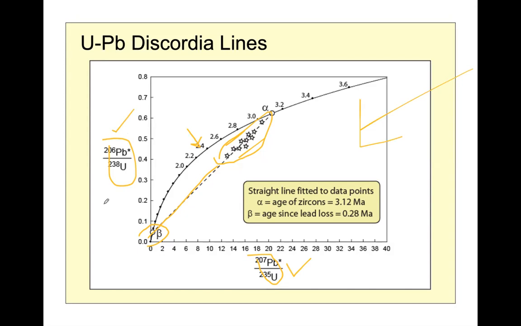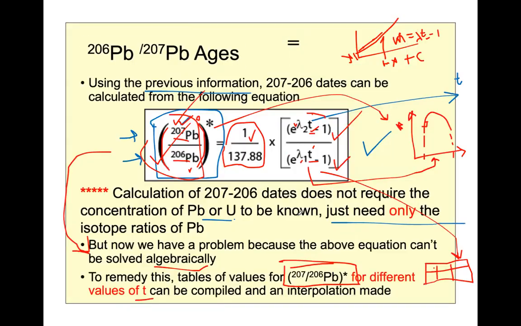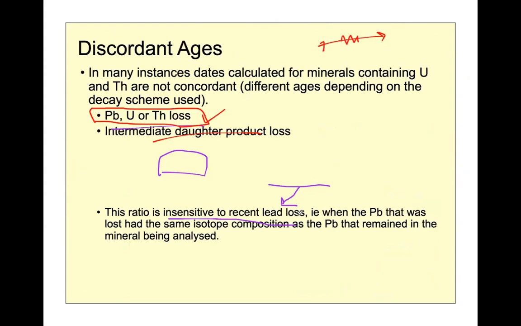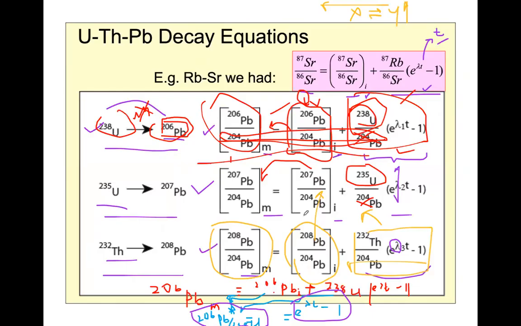If you want to make an isochron, then you have to go for other ratios. I mean, other ratios means your original ratios used for the derivation of the equation. Let me show you. If you want to make an isochron diagram, then you have to go with these ratios, right?